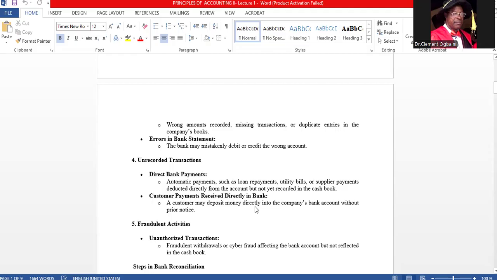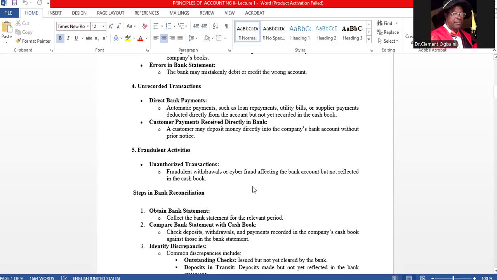Maybe there's a standing instruction you gave your bank to help you pay bills or pay your suppliers, and the bank carries out this instruction without informing you. In that case, it is a direct debit. Debit means they took money from your account to make those payments. But in the case of direct credit, somebody paid into your account without informing you.